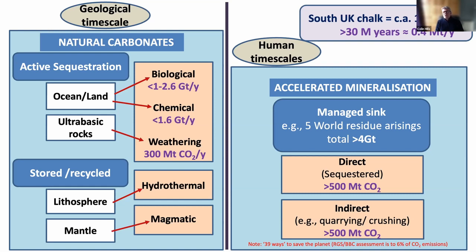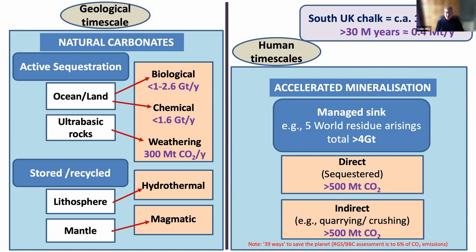Now, in terms of human timescales and what we can do with accelerated mineralization, we think if we take, for example, 5 industrial residues that are found around the world that total about 4 gigatons, it's pretty straightforward to get about half a gigaton of CO2 each year through direct mineralization, and indirectly a similar amount. And that's quite meaningful.